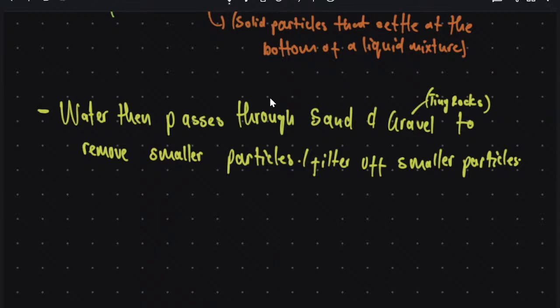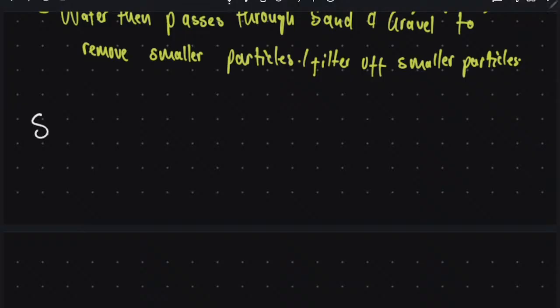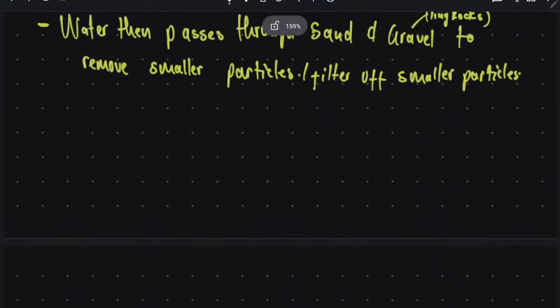Right. We'll keep moving. Can't stop. What is the next thing? Say carbon filtration. Step 2. Or stage 2 of water treatment. Stage 2 is to remove odor. Okay. Carbon filtration.